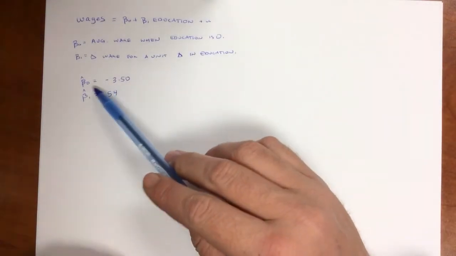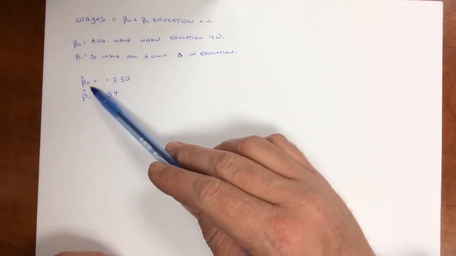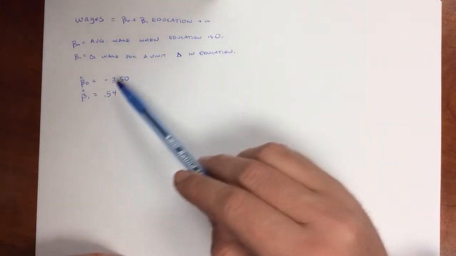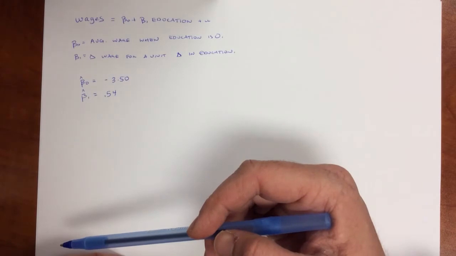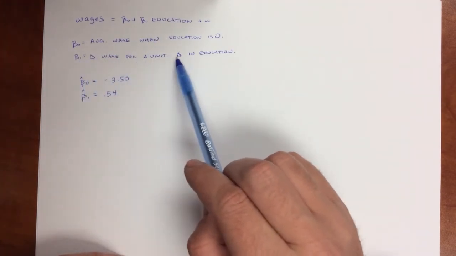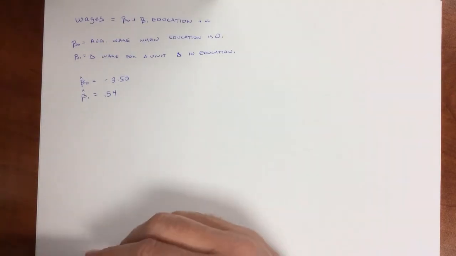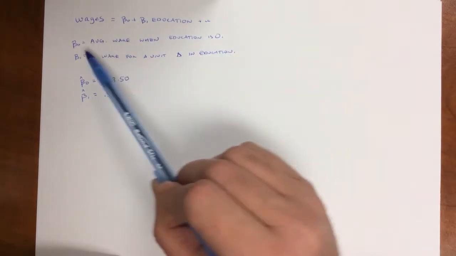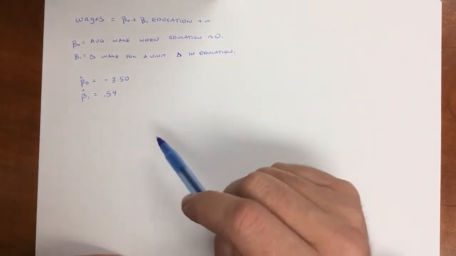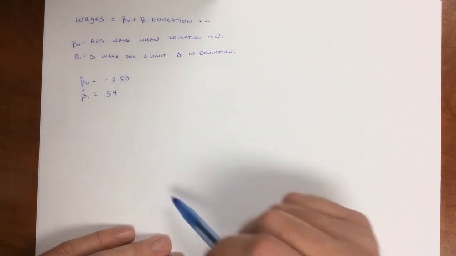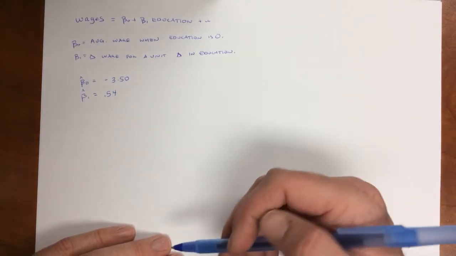Well, now beta naught hat is interpreted as the average wage when education is 0, which is negative $3.50. Beta 1 hat is the change in wage for a unit change in education, which is 54 cents per hour. So whenever we have the hat, we just add on the numbers to the normal interpretation of beta naught and beta 1. All right, but now negative 3.50, do people really make negative $3.50 an hour?